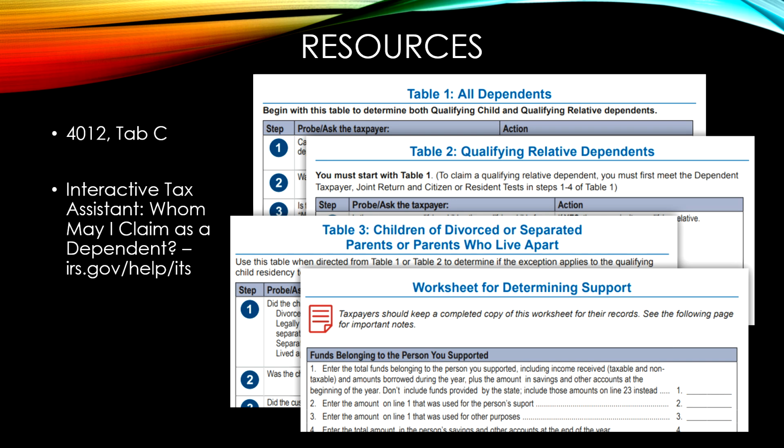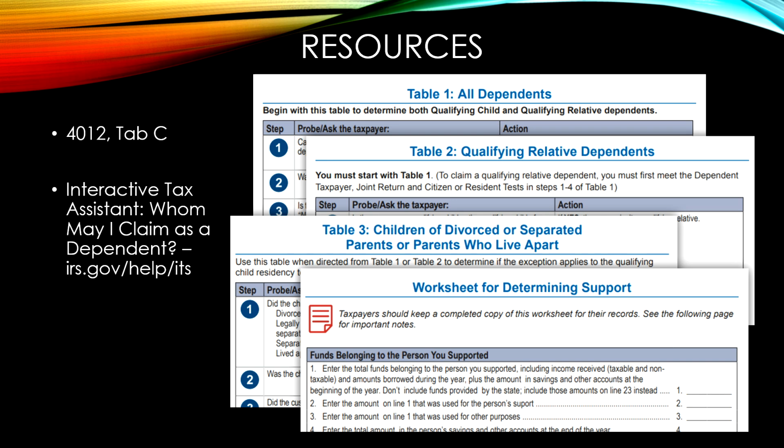And those can be found in Publication 4012 and Tab C. And additionally, there's a worksheet in there for determining support. And in this case, this is support of the person, not support of the household. So it's a different worksheet than we had last time when we were discussing filing status.